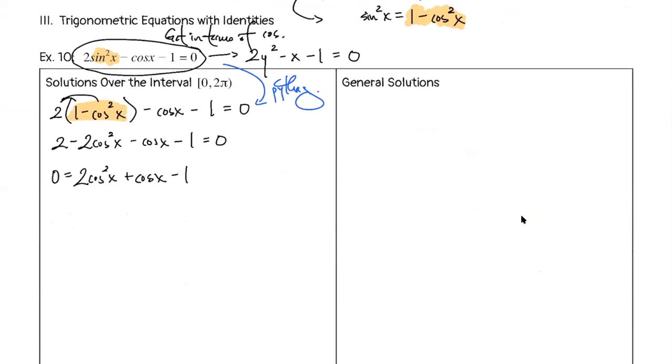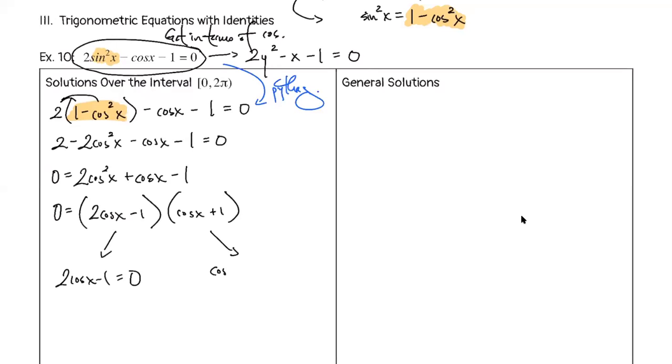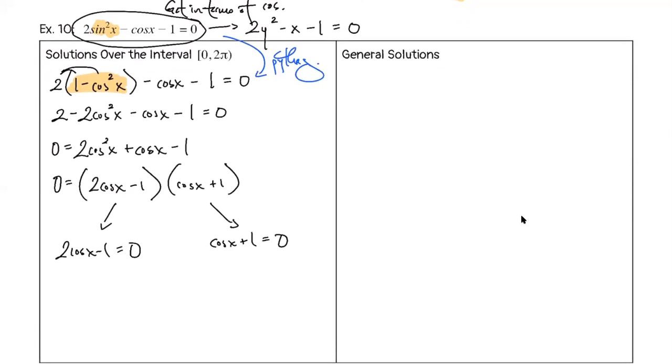So here we go. Factoring, we'll get 2 cosine x minus 1, and then cosine x plus 1. We're going to set each part equal to 0, because that is the beauty of having it equal 0. We can't do it if it's not equal to 0.